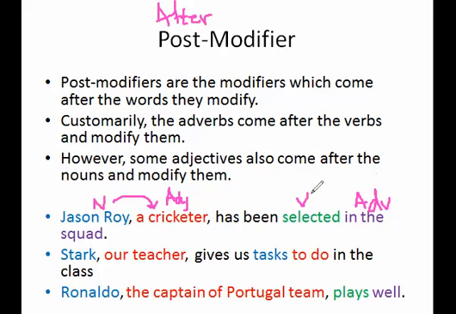Again, over here, the adverb is coming after the verb. The adjective is coming after the noun. The adjective is telling us something about the noun. The adverb in the squad is telling us something about the verb selected. Both the adjective and the adverb are coming after the noun and the verb they are modifying.